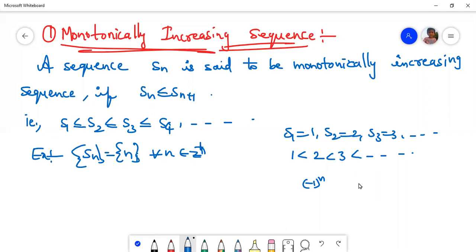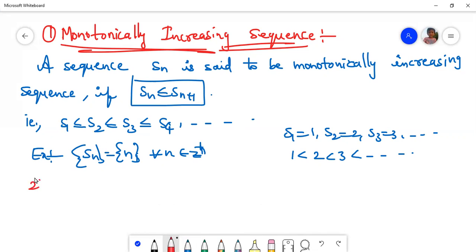Why? Because in this the alternate values are coming: minus 1, 1, minus 1, 1. It does not satisfy the relation S1 is less than or equal to S2, so this is not an example. For each and every value, the relation Sn is less than or equal to Sn plus 1 must be satisfied.